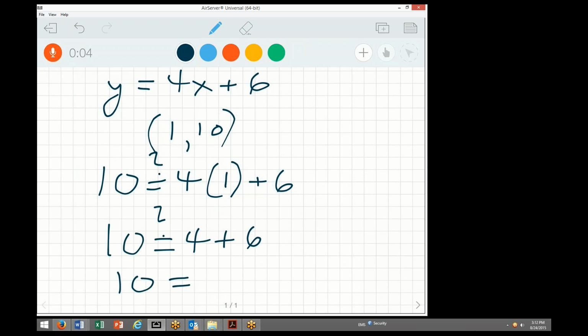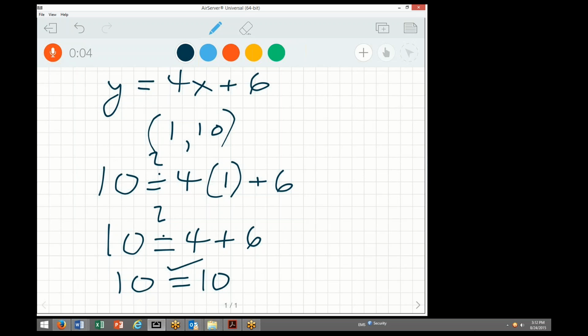And yes, 10 equals 10. I'm going to put a check mark over the equal sign to indicate that we finally resolved the question. It's no longer a question. Yes. If we input 1 for x and 10 for y into the equation y equals 4x plus 6, it ends up making a true statement that 10 equals 10.